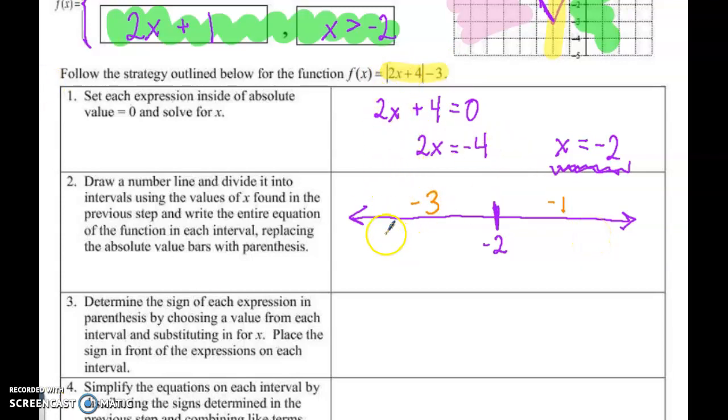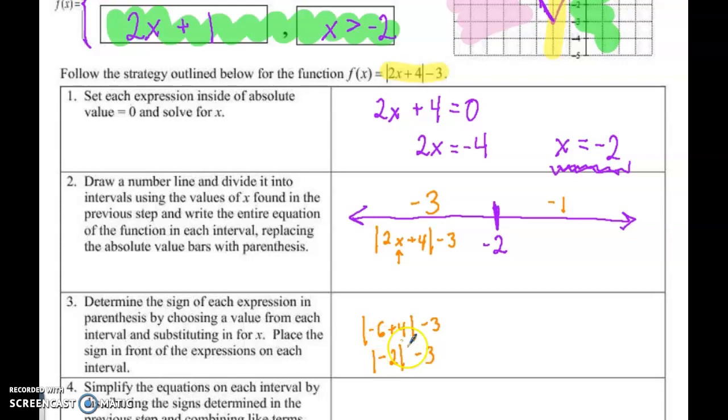So here's the premise: as you look at 2x plus 4 minus 3 and plug in a negative 3 right here, what you get, and maybe I'll write it down here because I'm doing step 3, is negative 6 plus 4, and negative 6 plus 4 is negative 2.